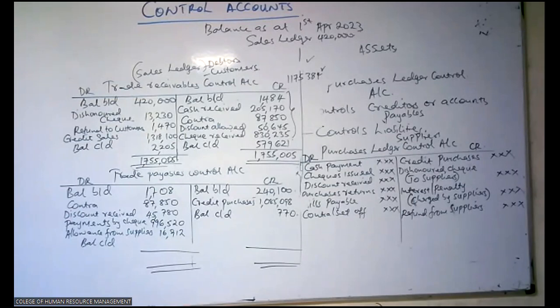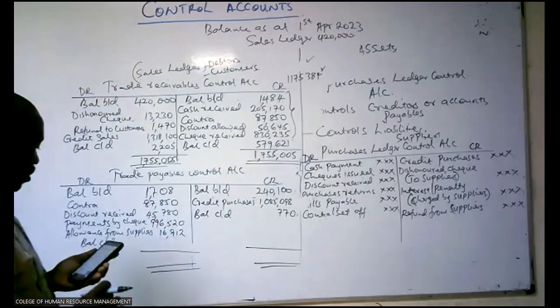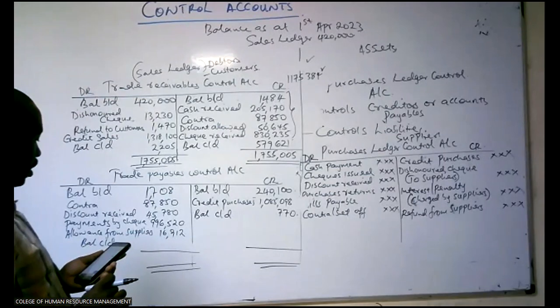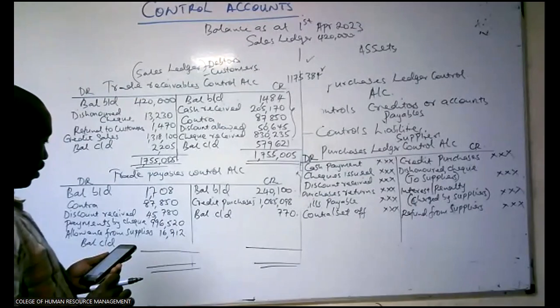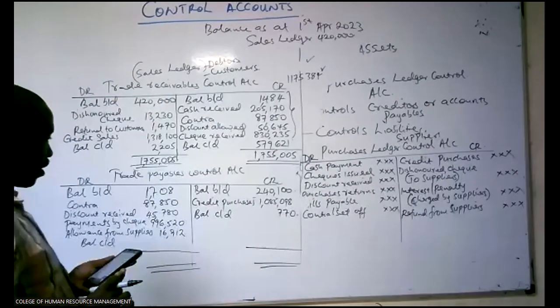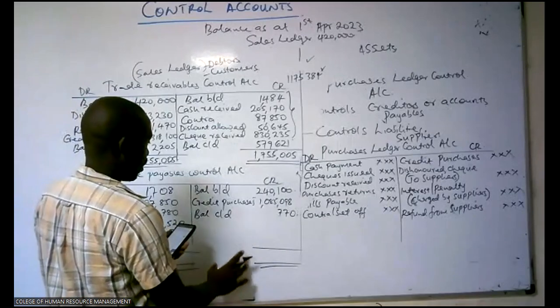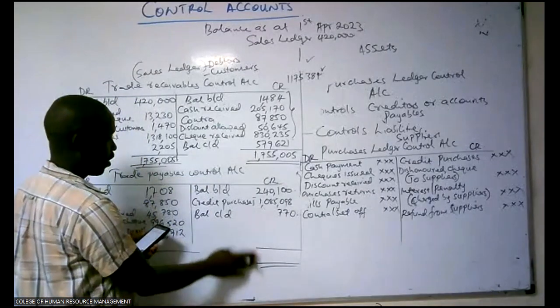I'm getting 1,325,198. Limo, I'm getting something different. Me too, because 770 was not added. That is why.